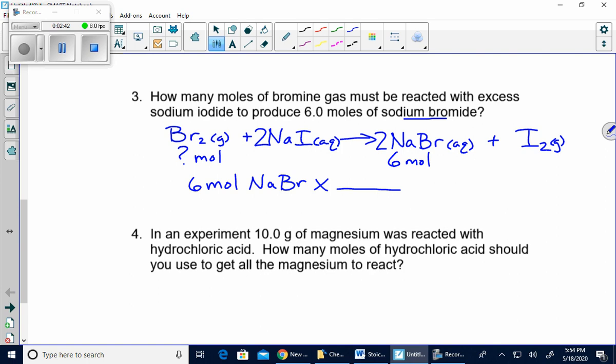So moles of sodium bromide go on the bottom, so that cancels, and moles of bromine go on top. There's no coefficient in front of the bromine, so that means it's a 1. And the coefficient in front of the sodium bromide on the product side is 2. So 6 times 1/2, 3 moles.